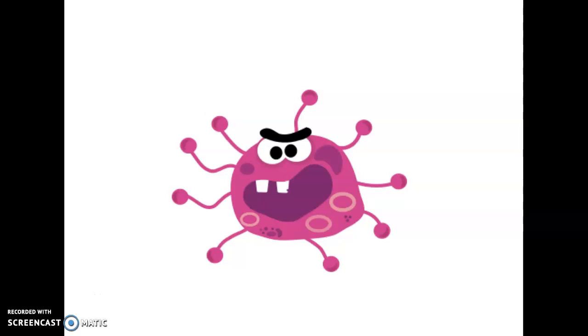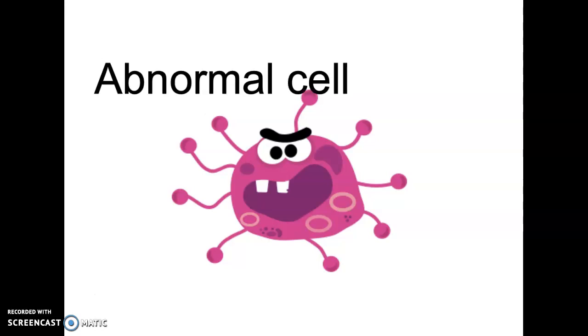So let's start by taking a look at this guy. This is our bad guy. It could be a bacteria or bacterium. It could be a virus, like the influenza virus. It could be a protist, like malaria. It could be a cell that's gone rogue, a cancerous cell.